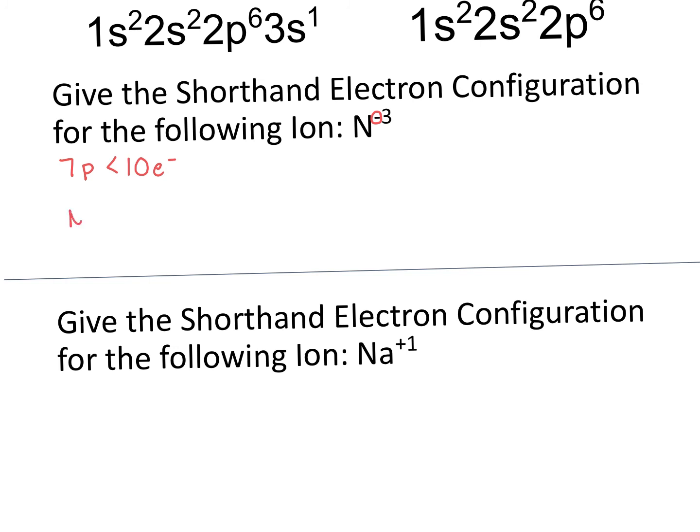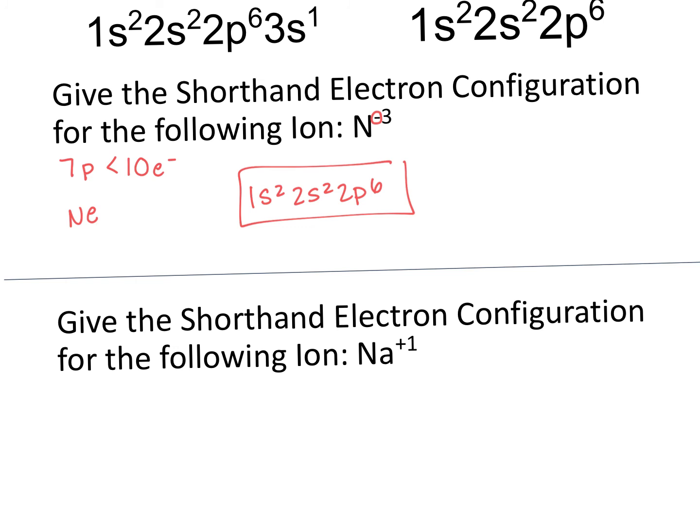So in this case, I would have neon. So what I'm going to do for my electron configuration is give it for neon. So this way I can show I have 10 electrons. Neon's electron configuration is 1s2, 2s2, 2p6. And this would be my configuration for a nitrogen -3.